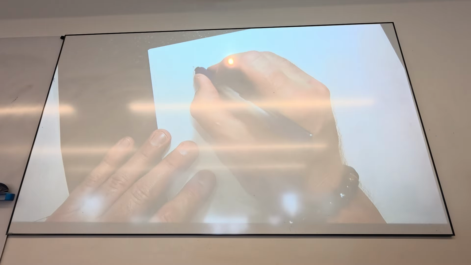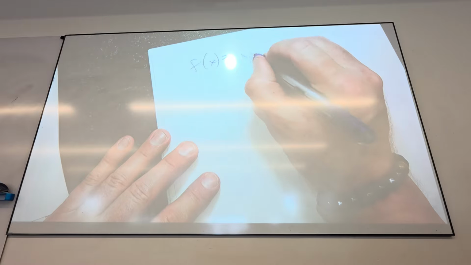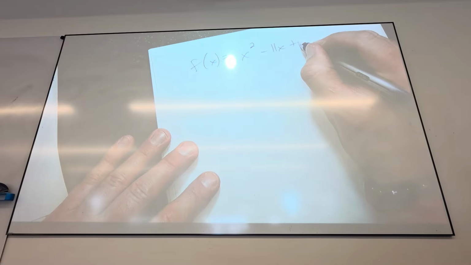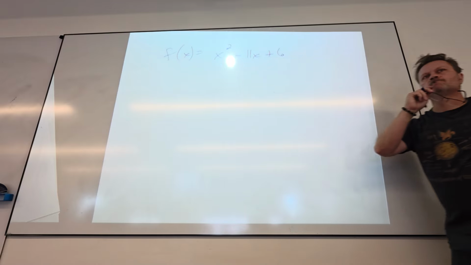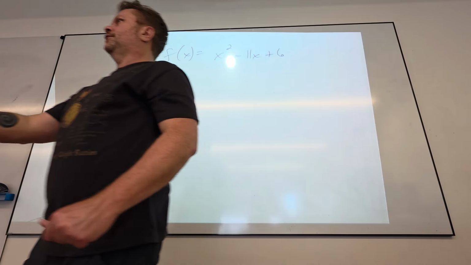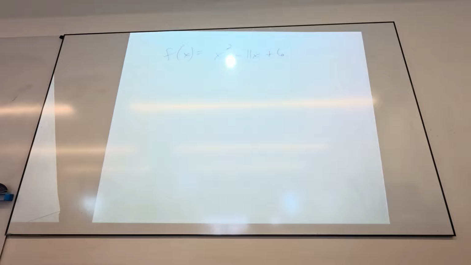If I gave you a function that you cannot factor, how would you find the x-intercepts? How do you find the x-intercepts if you can't factor it? What do you have to use? You have to use quadratic, because to find the x-intercepts, I need to set it equal to 0, right? And whose job is it to do that if I can't factor?